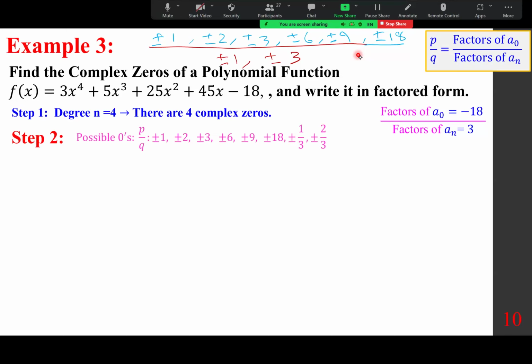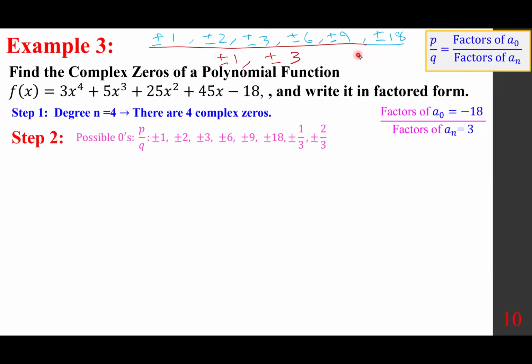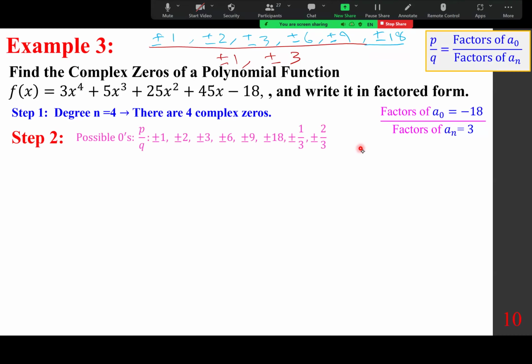So these are the possible zeros. And so again, the rational zeros theorem gives us possible rational zeros. Doesn't mean these are the zeros. That means if there is a rational zero, it must be among those. That's it. You have to check, everybody. You have to plug in 1, you have to plug in -1, 2, -2, and so on until you hit 0.